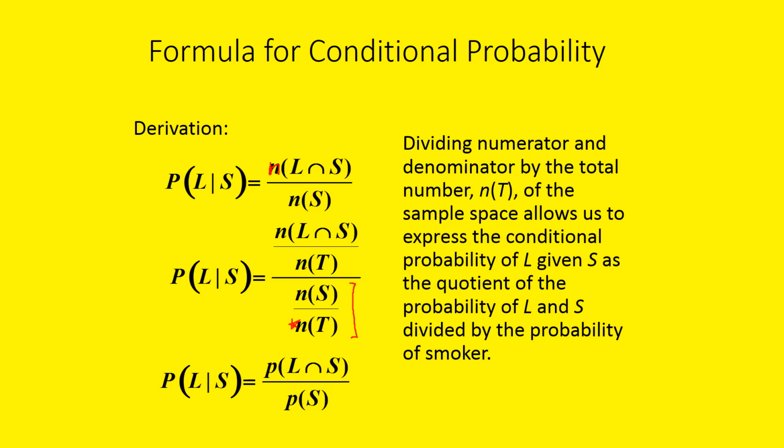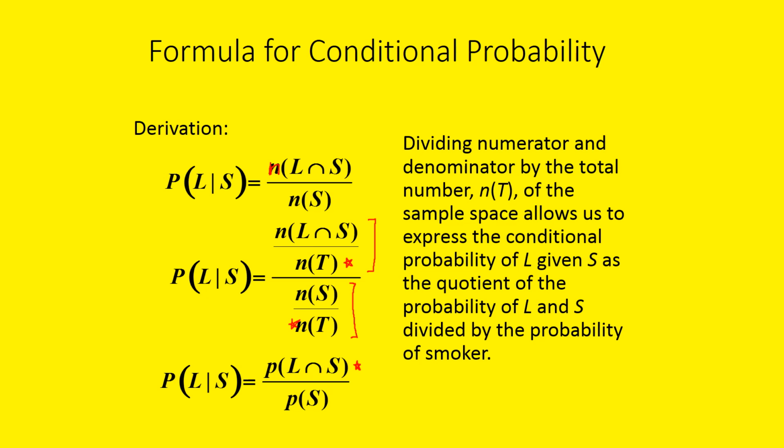The people about whom both of those things are true, divided by the total U.S. population, gives a probability that the person is both a smoker and has lung cancer. Notice how I interchange those two things. We're actually going to do that in the next section.